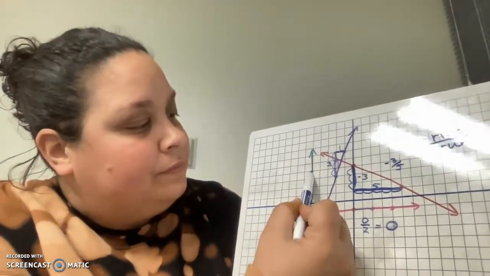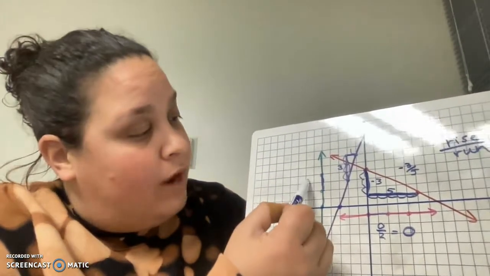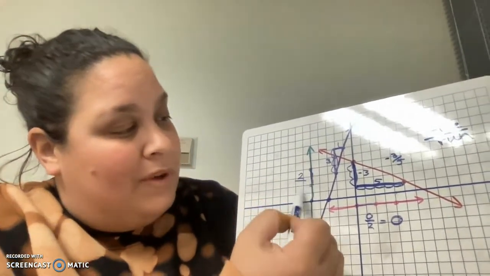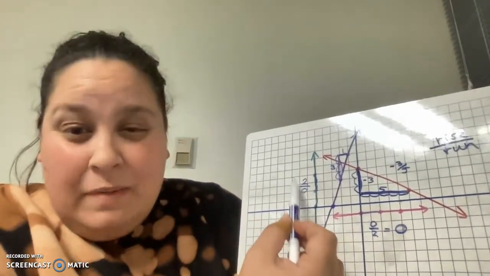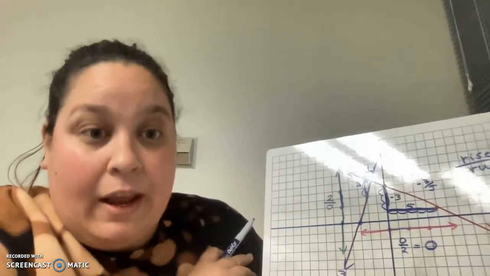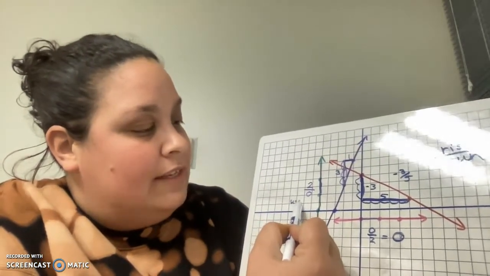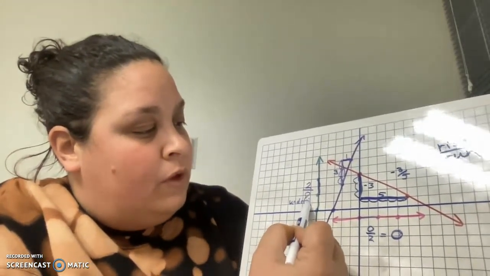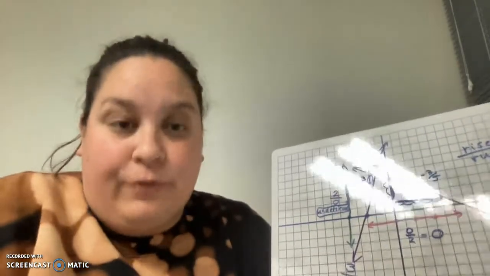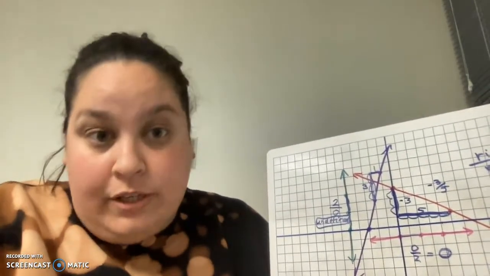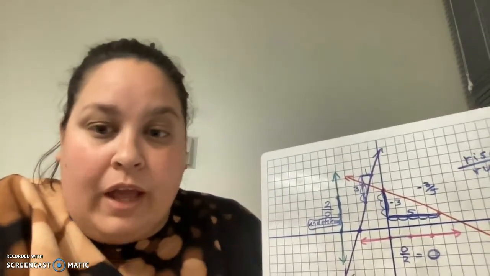And then for this one, again, I am going up, so I'm rising 2, but I'm going left and right 0. If I type this into my calculator, it's going to tell me error, which means that this is an undefined slope. This is our only time where our answer for a slope is not an actual number, is when it's a straight up and down vertical line.